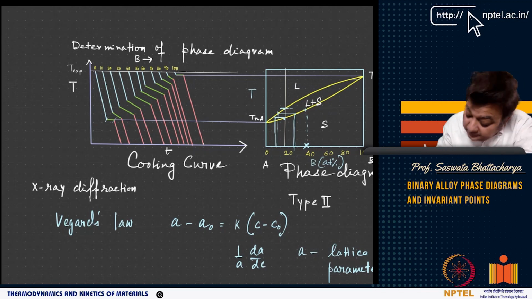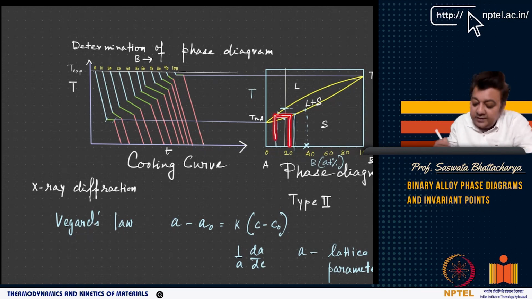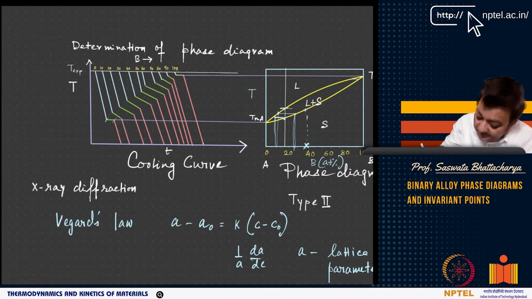If you go further down, you will see that the liquid composition and the solid composition are changing further. Solid has more A, the liquid has more A, the amount of B overall is getting distributed, and you have a different composition of the solid and the liquid, right? The solid and liquid composition continuously changes until it goes to the solidus, where you have solidus and the remaining liquid.